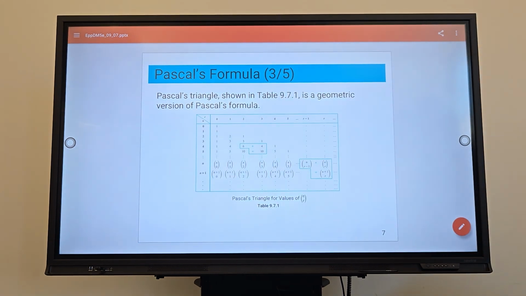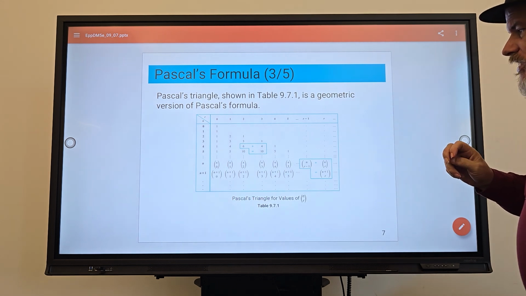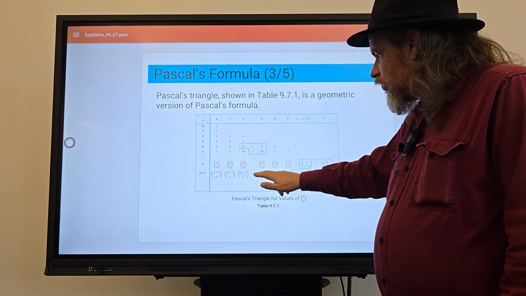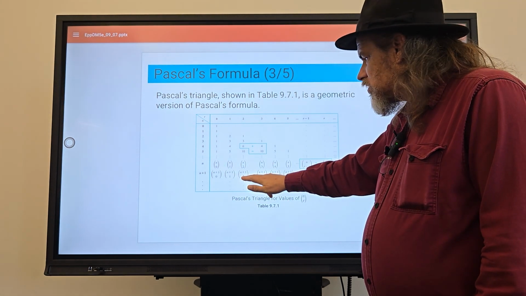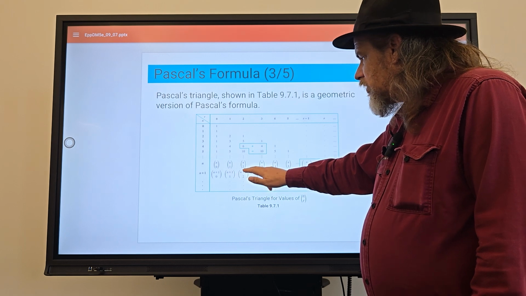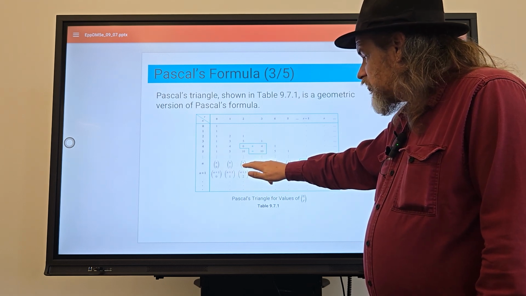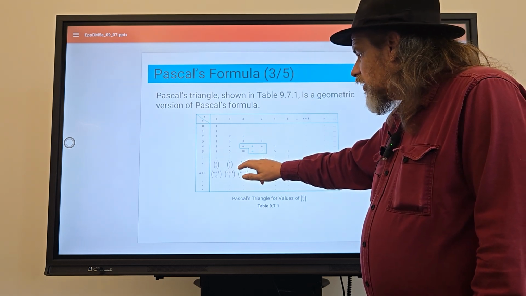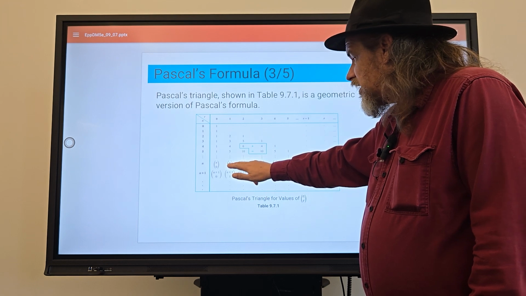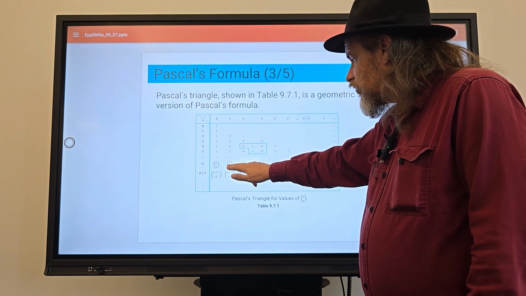Pascal's triangle is the geometric version of Pascal's formula. Basically, to get n plus 1 choose r, you add n choose r plus n choose r minus 1.